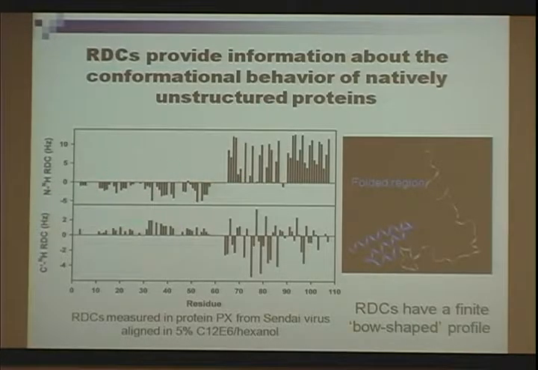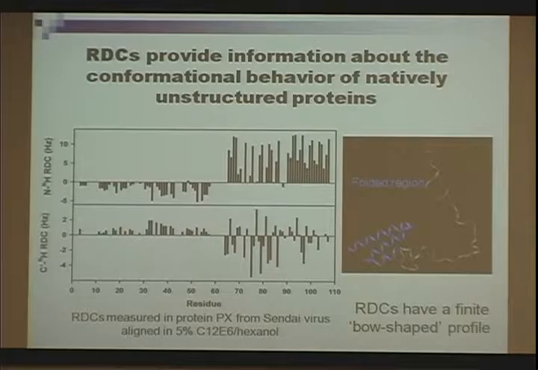in the unfolded region. And what we notice is that first of all, we see that the RDCs have a bow-type profile. This is typical of all unstructured proteins. In this case, because it's a partially unstructured protein, you're seeing half of the bow here. Basically, in the middle of the unstructured region, you tend to see that the RDCs are larger than at the end.